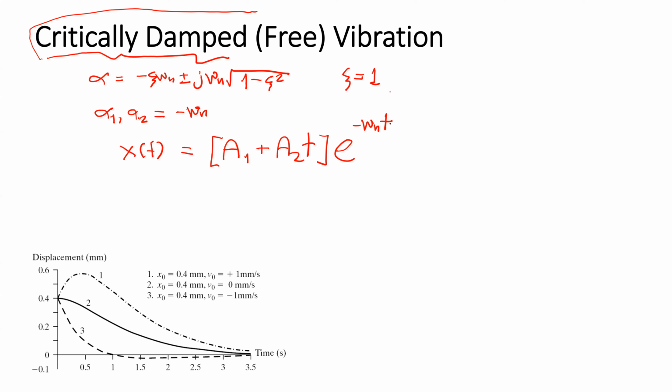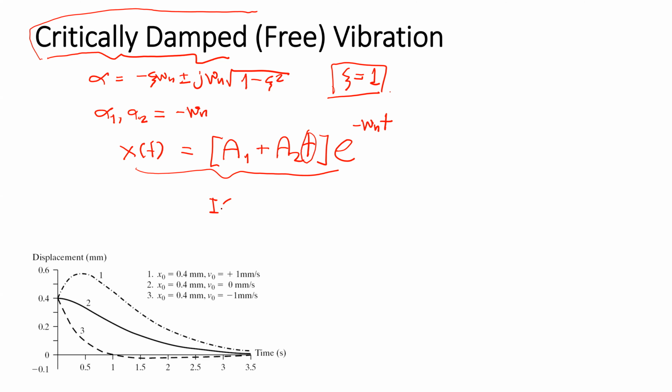Yes, in this case, for the critically damped, for the repeated root, we have A1 plus A2 multiplied by t, and multiplied by the exponential decay. And the damping ratio is equal to 1. So the solution is simple.